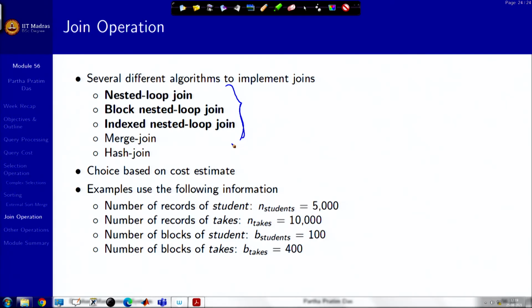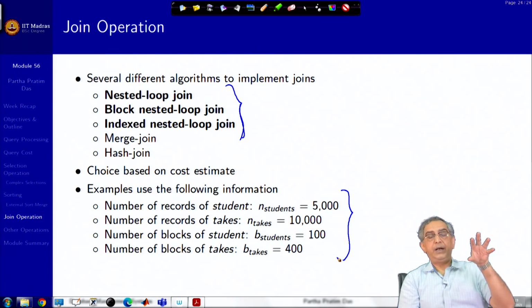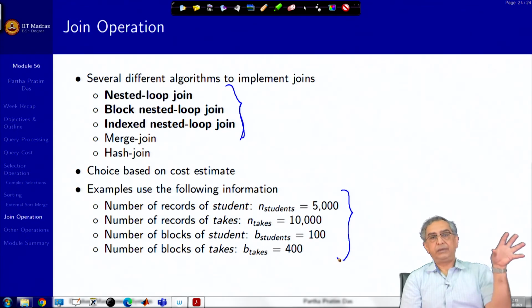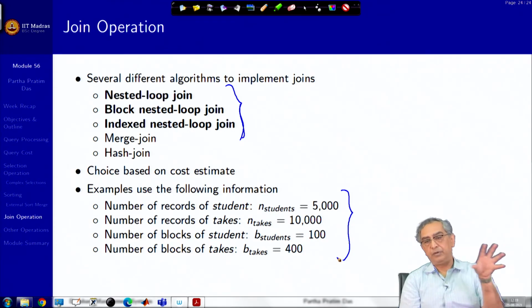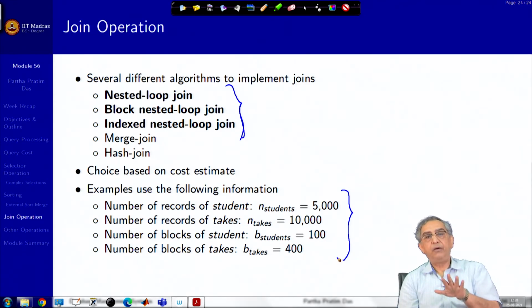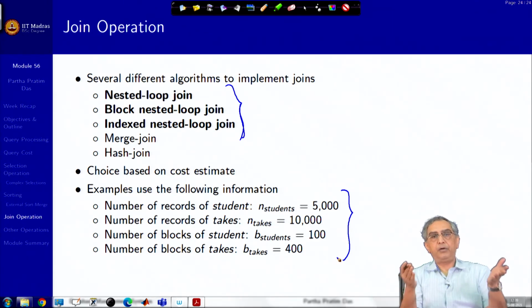As an example, there are 2 relations: students, which has 5,000 records and 100 blocks, and takes, student takes courses, which has student roll number as a join field, 10,000 records and 400 blocks. The number of blocks corresponding to the number of records varies because the record size is different between student and takes.